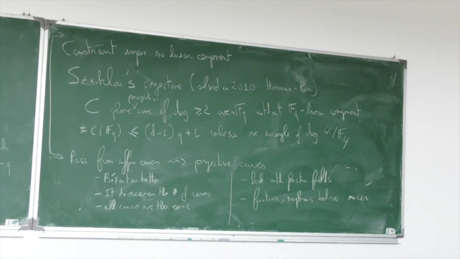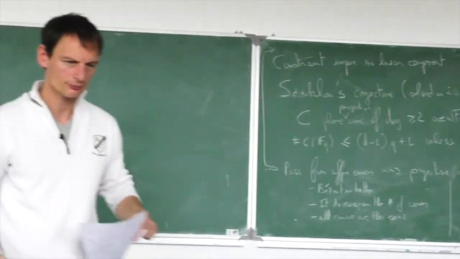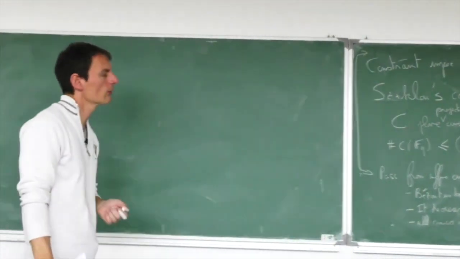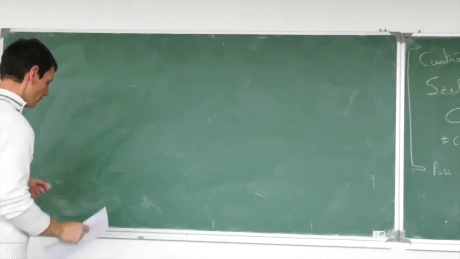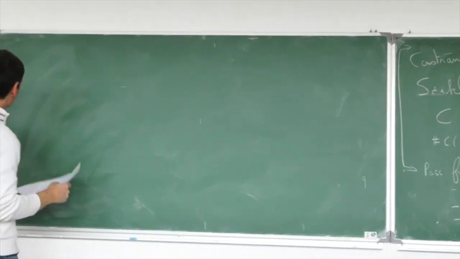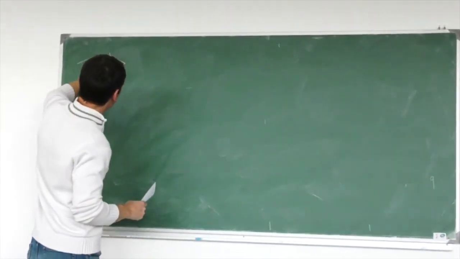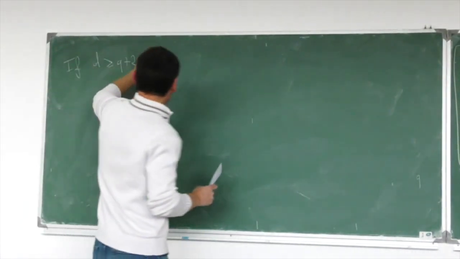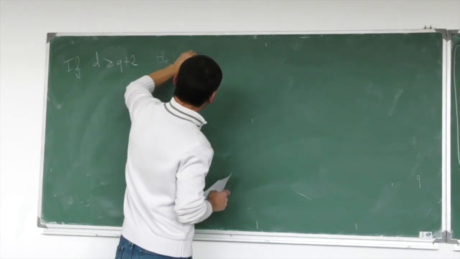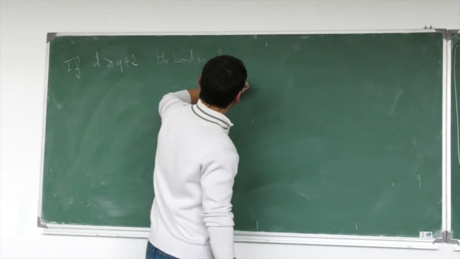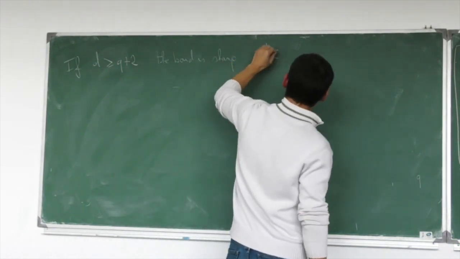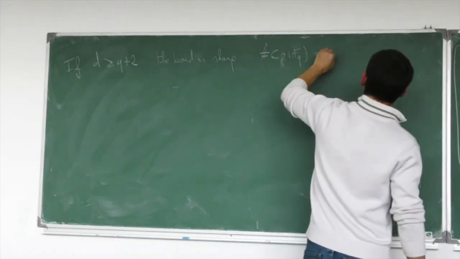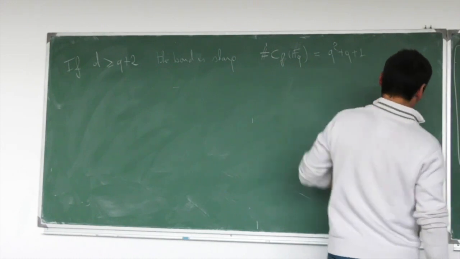And the nice thing is that this gives you an upper bound, and of course we have the problem: can this upper bound be reached or not? And the first result is that if, again, the degree is big, bigger than q plus 2, then the bound is sharp. It means that you can find a curve over Fq which reaches q squared plus q plus 1.